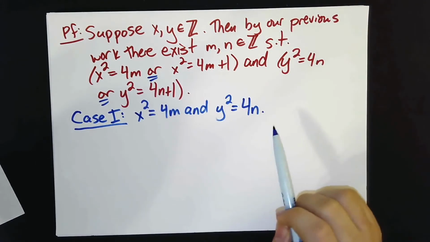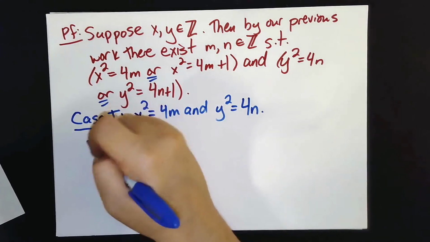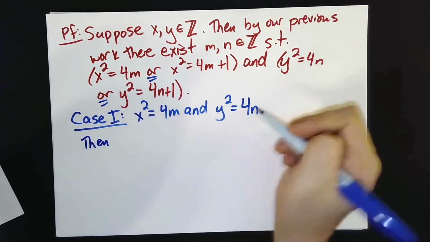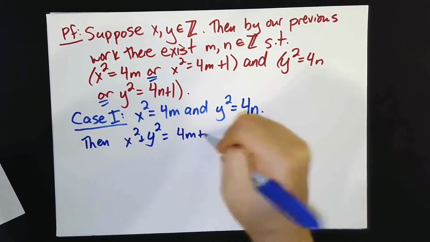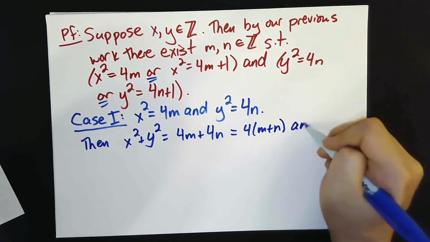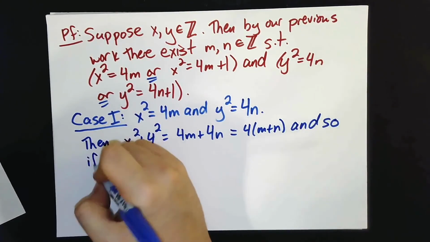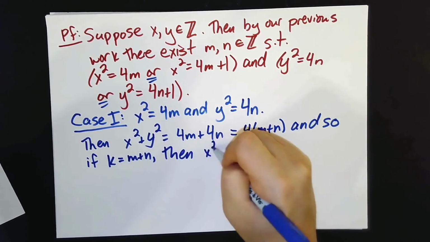So here's our first case. The upside of the fact that we have 4 cases is that the 4 cases are all very short. Because in this case, for example, x squared plus y squared equals 4m plus 4n equals 4 times m plus n. And so if k is m plus n, then x squared plus y squared is 4k.